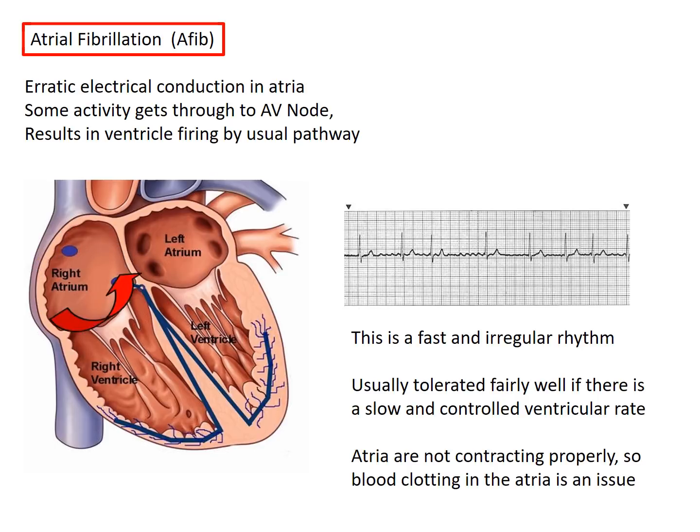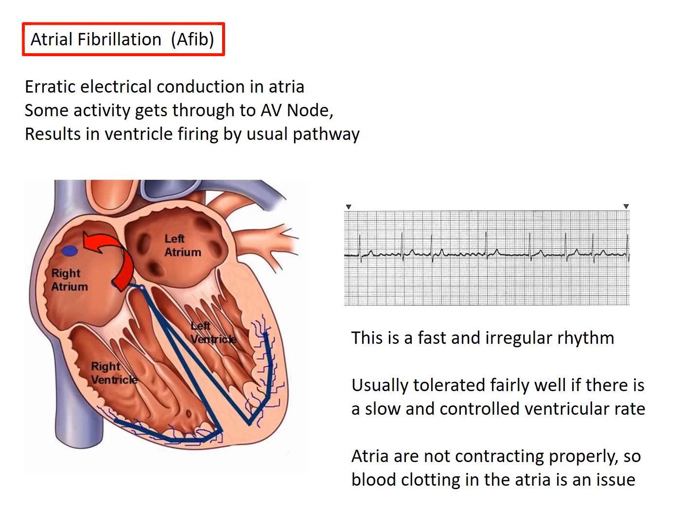So if you look at AFib, the aberrant chaotic electrical activity is on the baseline where you expect the P wave to be, and then some of that electrical activity can get through the AV node, conduct down His into the ventricles, and then get a nice ventricular response.